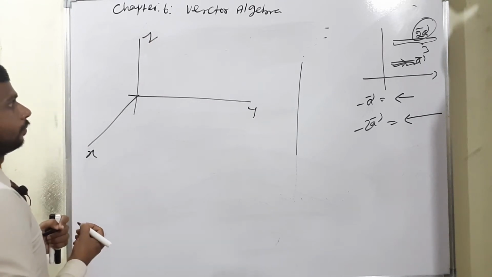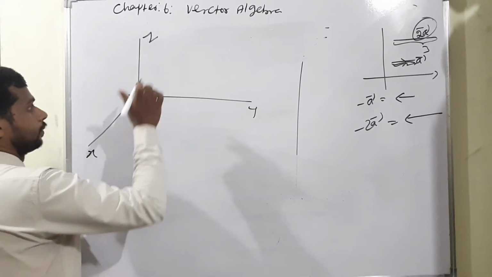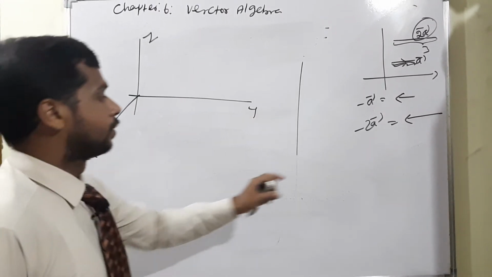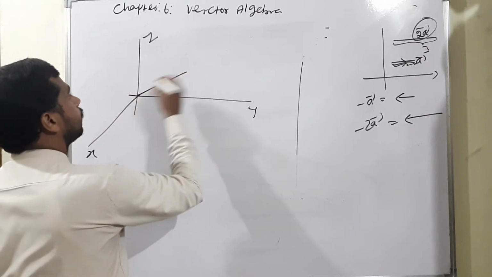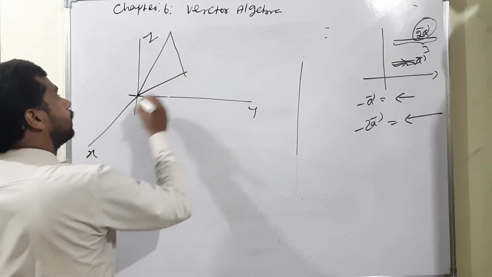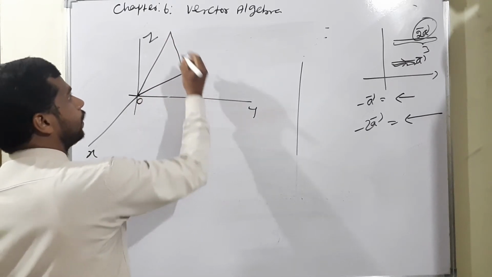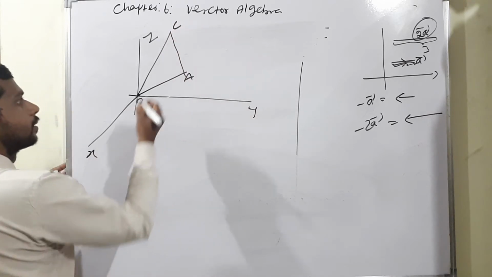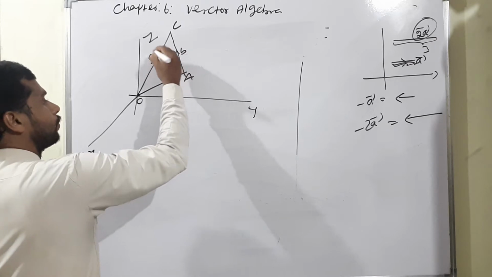Look there. For example, this is the origin point O, this is A and this is C. This is the arrow of A, this is the arrow of B, this is the arrow of C.